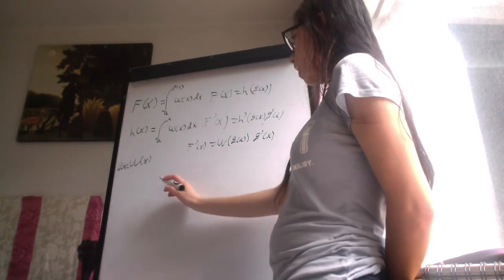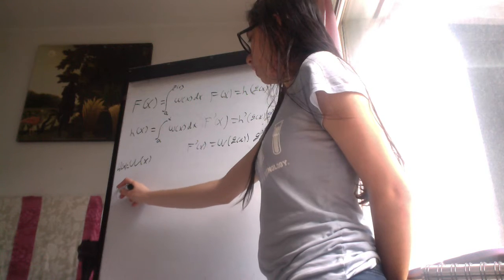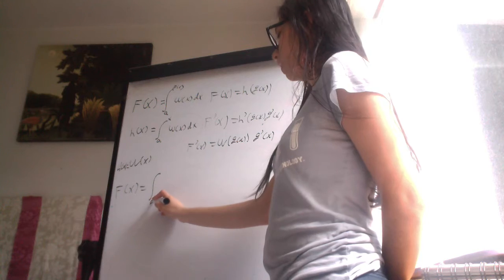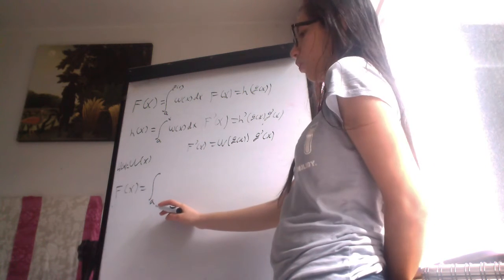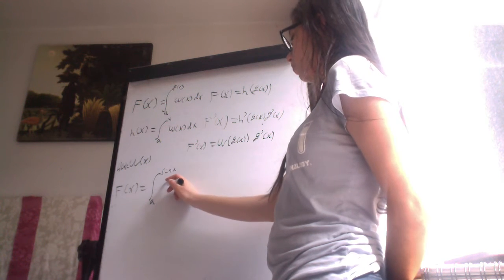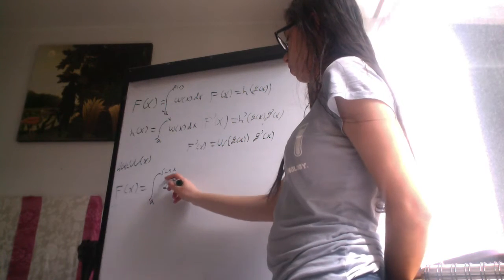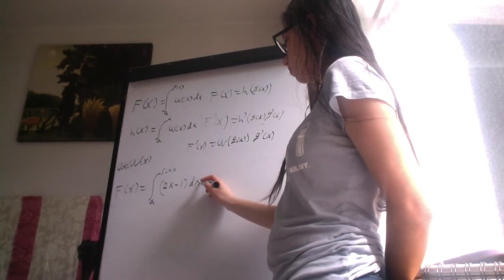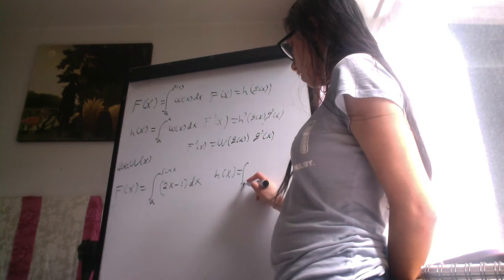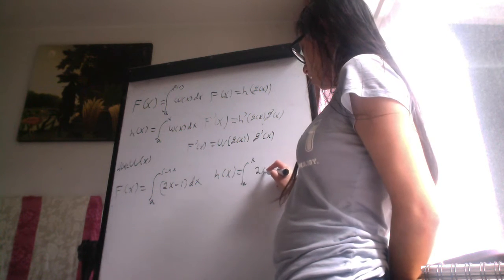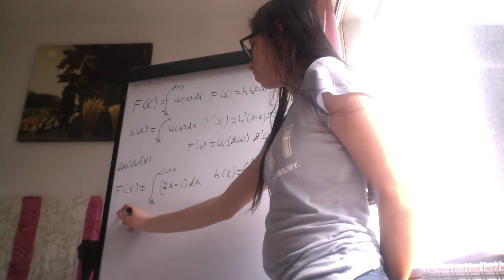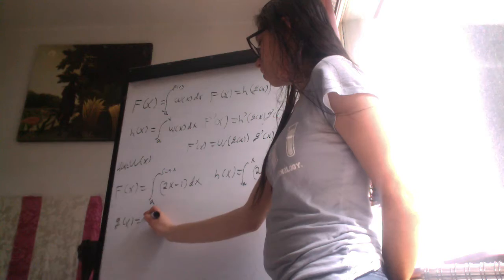Let's say, for example, we have f of x equal to the integral from a, which could be just a number, 1, 2, whatever, to sine of x of 2x minus 1 dx. So h of x is the integral from a to x of 2x minus 1 dx, and g of x is sine of x.